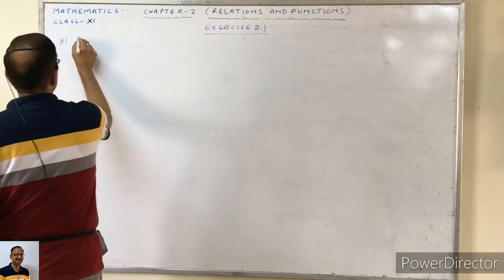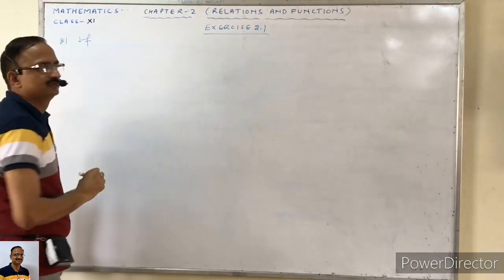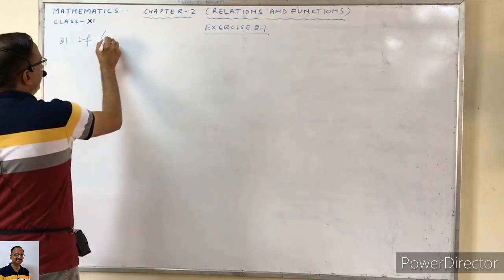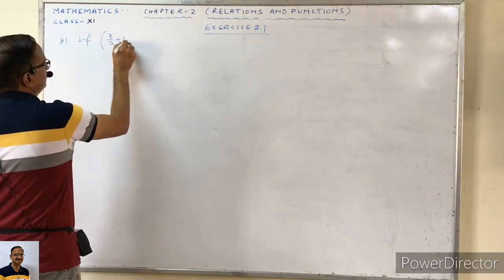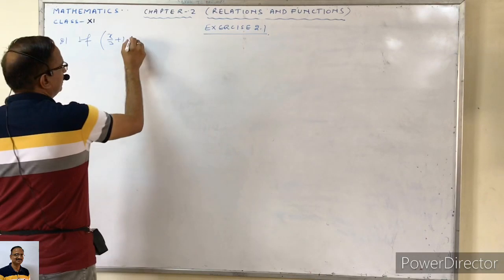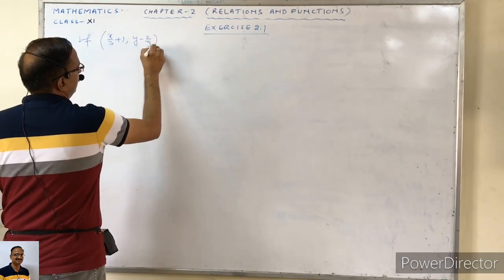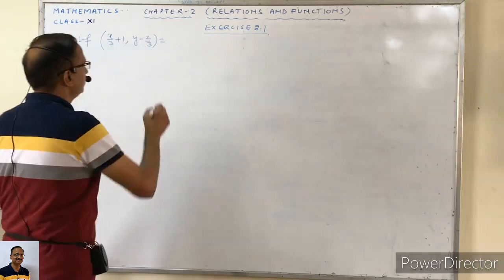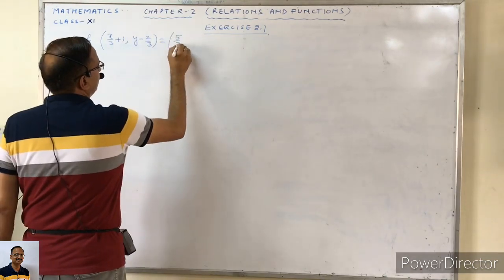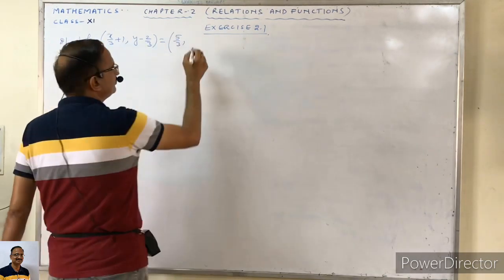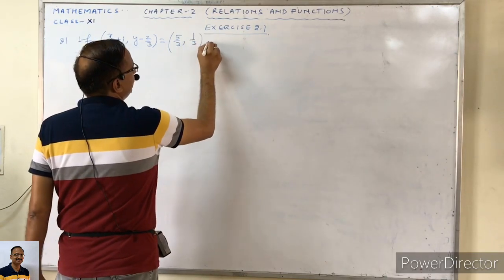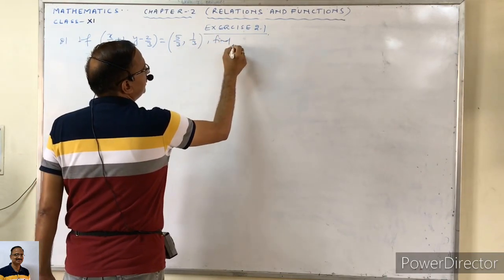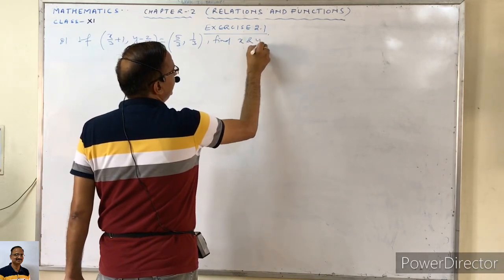If this first ordered pair is equal to the second, then find the value of x and y.